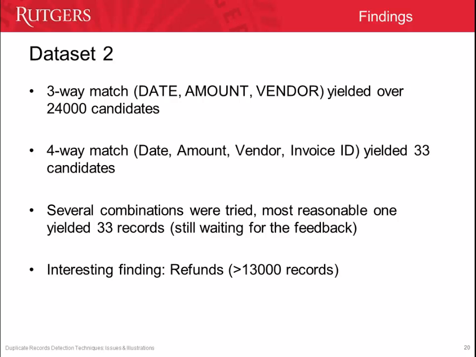Invoice ID here is equivalent to the invoice number, and it's supposed to be, like in most cases, a unique identifier of the records. Unfortunately, once again, because of multiple data sources, in certain cases, let's say from different vendors, the invoice ID number can be a duplicate.